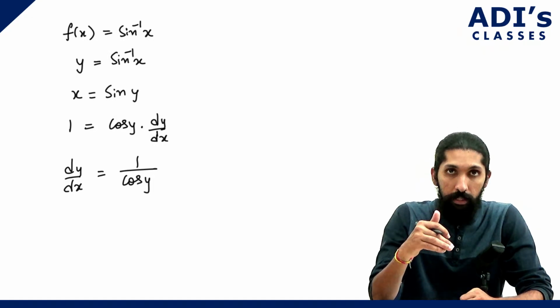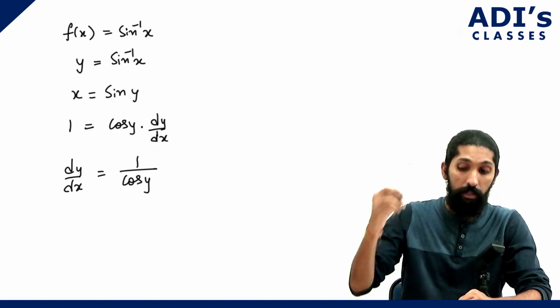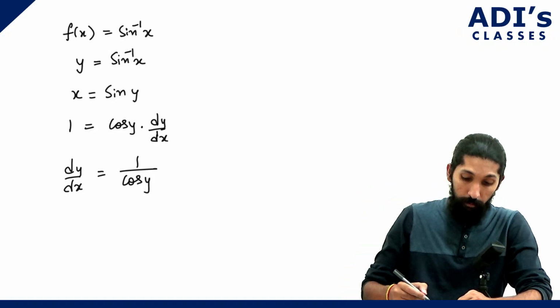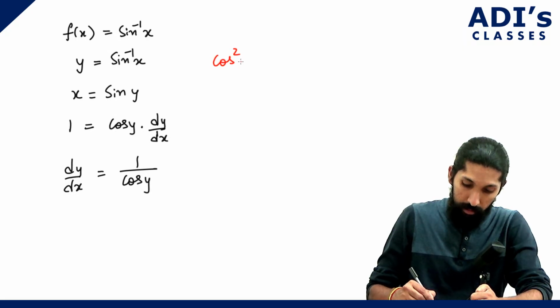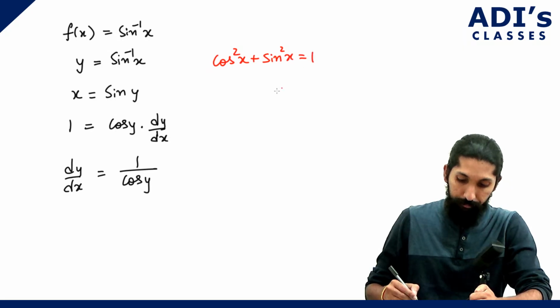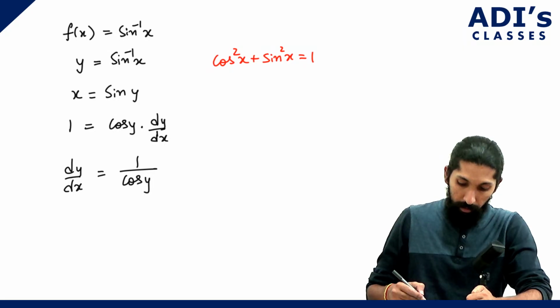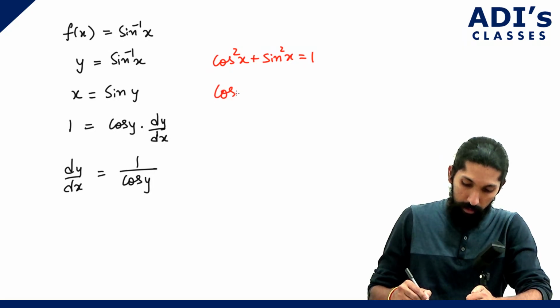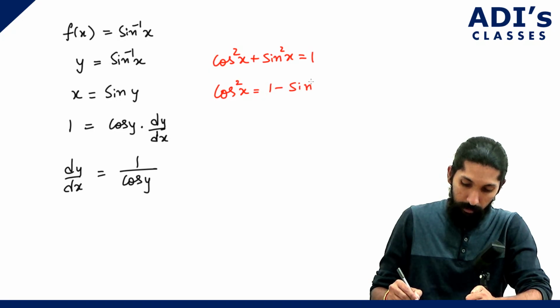When you're representing cos in terms of sine, we have a particular identity. If you remember, we have a trigonometric identity, cos square x plus sine square x is equal to 1. It's a very, very important identity. So what we can write here is cos square x is 1 minus sine square x.